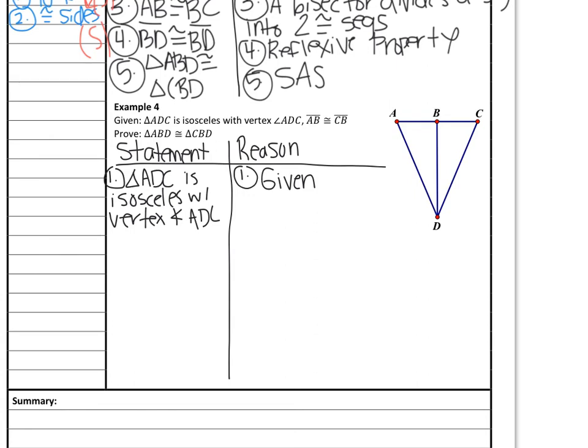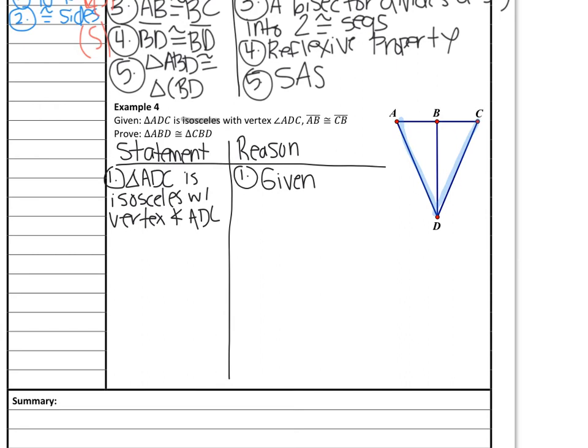So our first given here is triangle ADC is isosceles with vertex angle ADC. So I'm going to outline angle ADC. Whoa, that's a bad outline. ADC is the vertex angle.